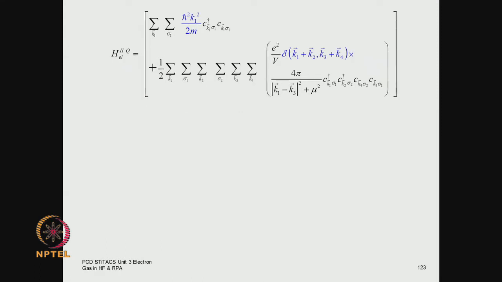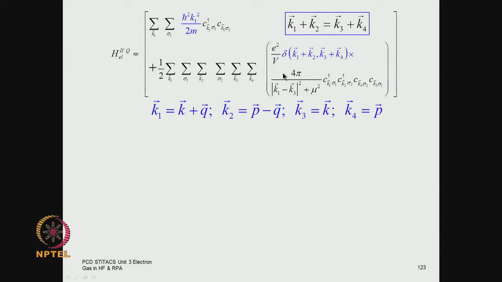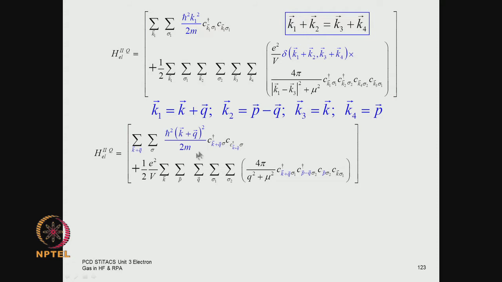So let us exploit this now. We will rewrite this Hamiltonian not in terms of k1, k2, k3 and k4, but in terms of the 3 momentum labels. Now what are these? You now have summations over these 3, k, p and q. We exploit the Kronecker delta so that out of these 4 summations, one will be taken care of through the contraction coming from this Kronecker delta.